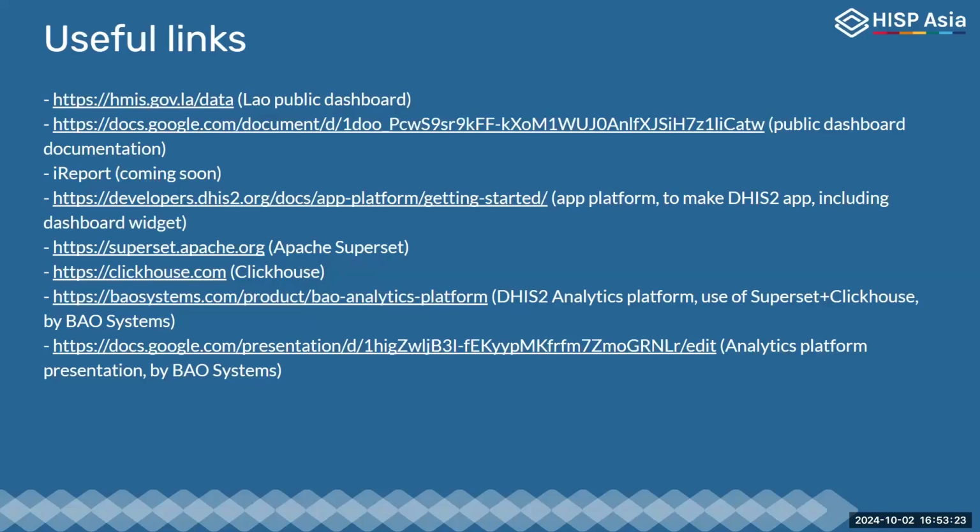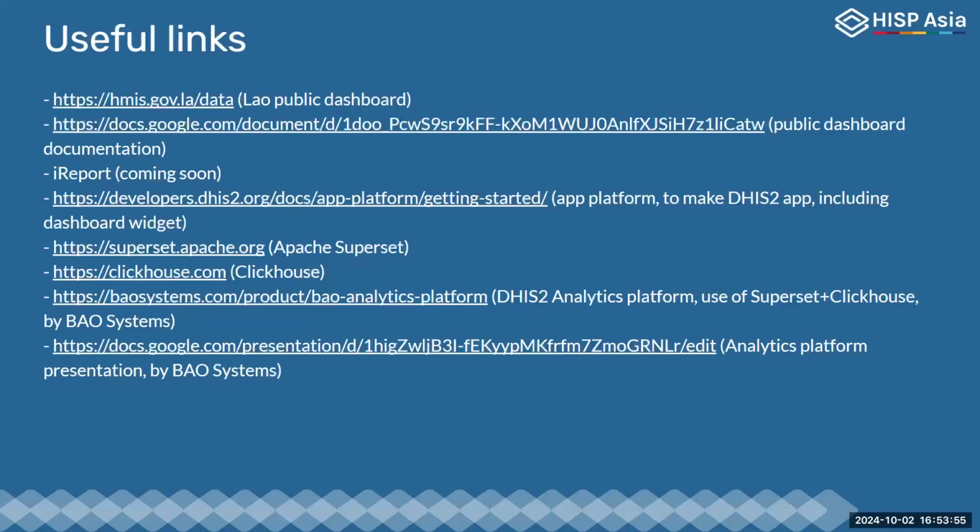The next one is the app platform from the DHIS2 core team, which we use to create a DHIS2 app, including the customized dashboard widget. The next one is the URL to Superset, then ClickHouse, and then the DHIS2 analytics platform. The DHIS2 analytics platform is created by BAO Systems.